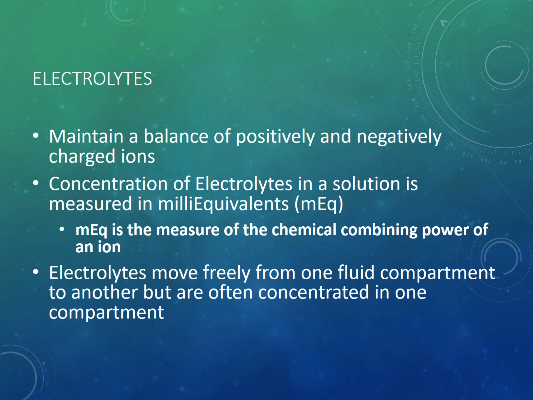Electrolytes move freely from one compartment to another, but a lot of times they are concentrated in one compartment. So the example being sodium primarily concentrated in extracellular fluid or intravascular, potassium primarily concentrated in intracellular. But we know we have some potassium in the extracellular fluid because that's how we get potassium levels.